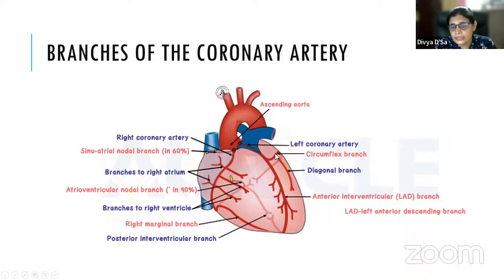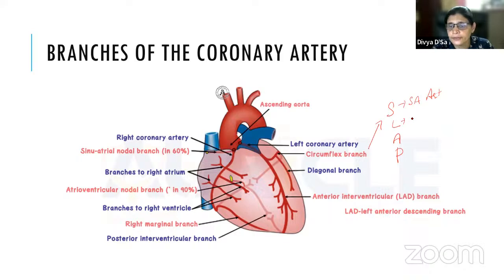Then there is the circumflex branch. You remember, the left circumflex will give branches. To remember those branches, remember the mnemonic. It will give the sinoatrial nodal artery. The SA nodal artery usually comes from the right coronary, but this also can give the sinoatrial nodal artery.